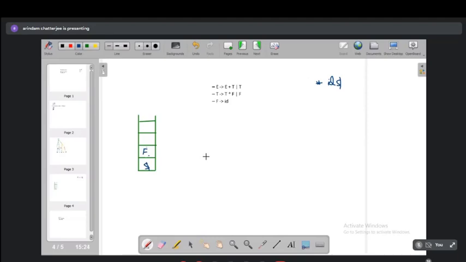Now, what we can do is first see what is the right sentential form of this particular string, ID star ID. What is that?